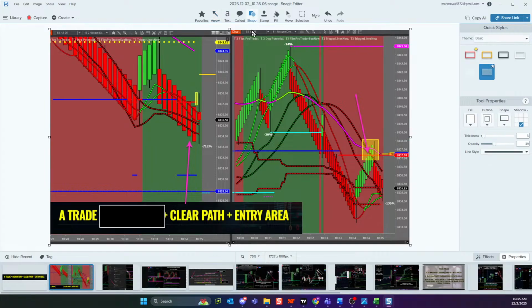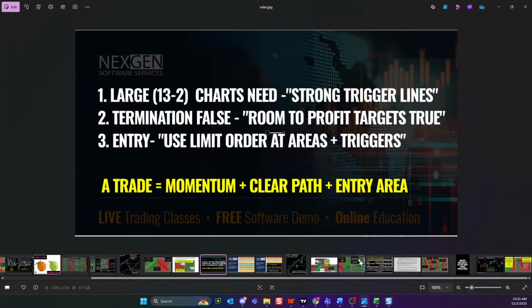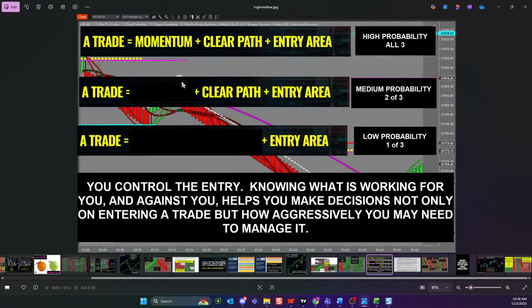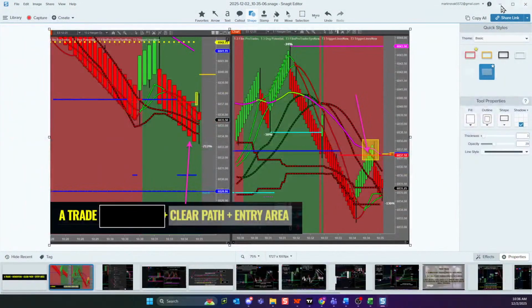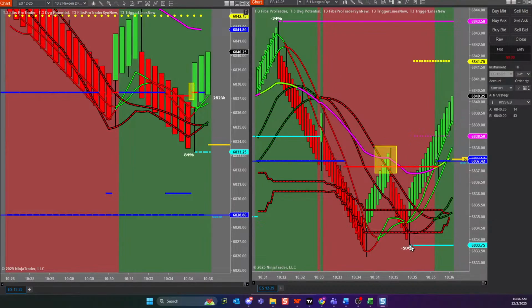Yes. So if I have 2/3 of my advantages, this is how you guys are going to grow. If I have 2/3 of my advantages, I can say that this is a medium probability trade. I can say, I'll take this trade and if something changes, I'll manage it.